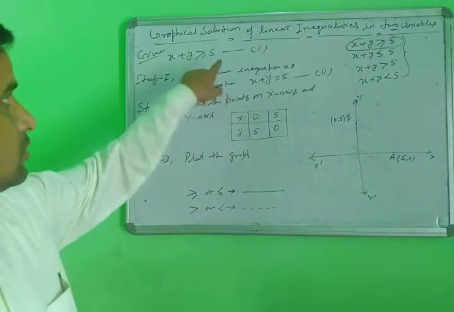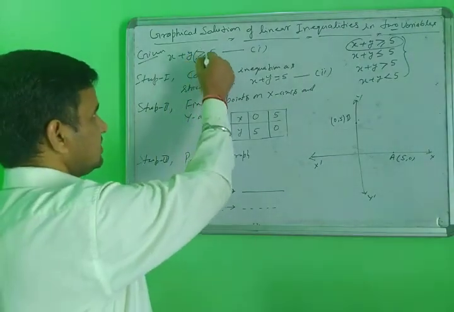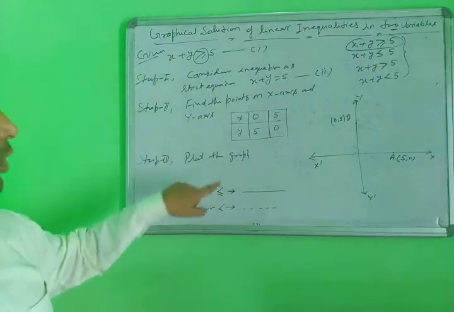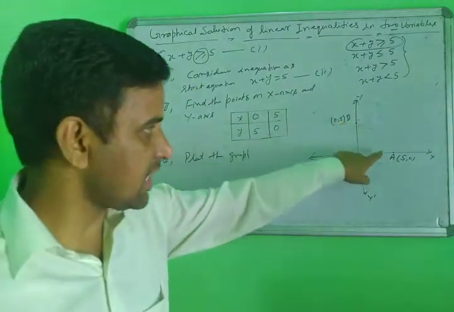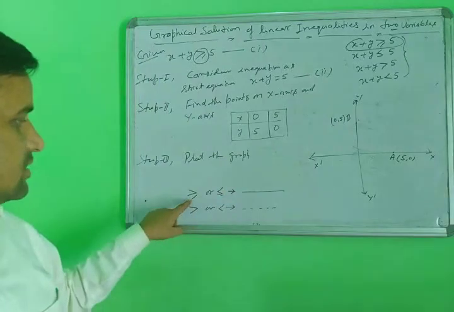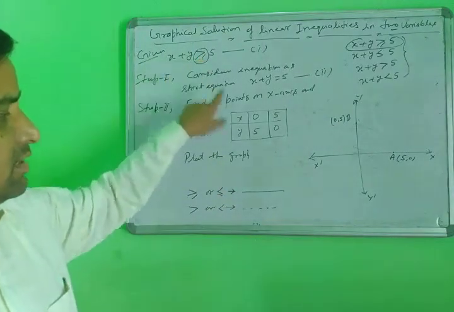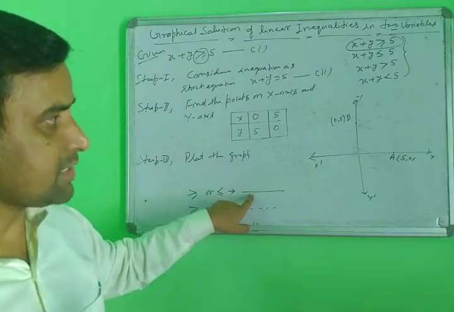According to this, you will check what the symbol of the inequality is, and draw your dotted line or dark line. So if greater than or equal, or less than or equal is given, then you will draw with the help of the dark line.